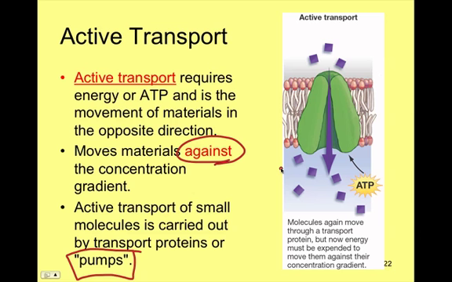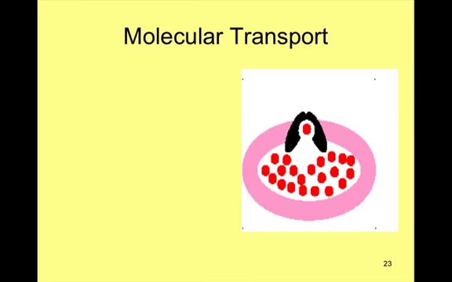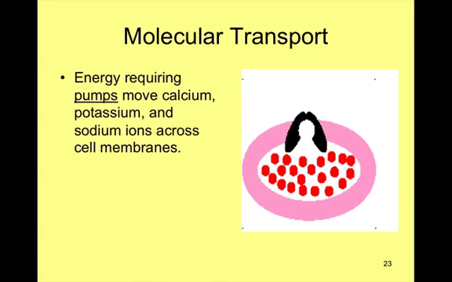So the proteins are kind of changing shape in order to help these particles be pushed from one side to the other. And here would be an animation that shows you how these particular proteins pump molecules from one side to the other. So energy requiring pumps move calcium, potassium, and sodium across the cell membrane.